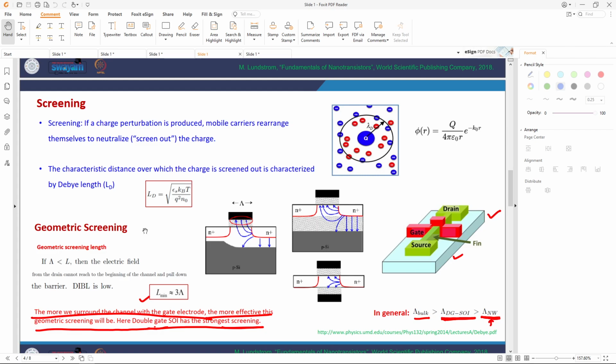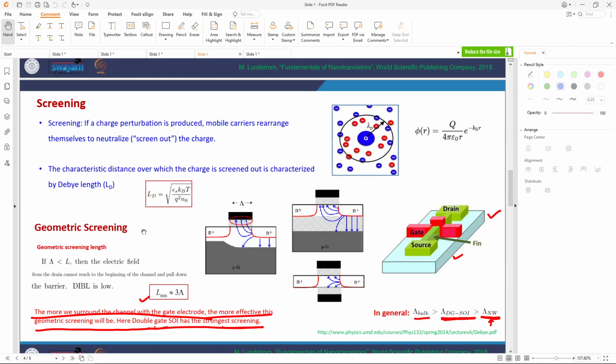So essentially, what is the notion of screening? If in a material, any material, and this is actually true at very large levels, screening is not only observed in semiconductors, it is observed in a large array of natural phenomena.